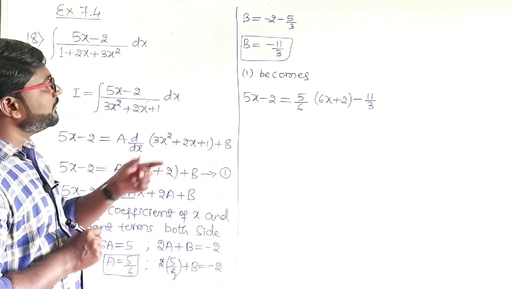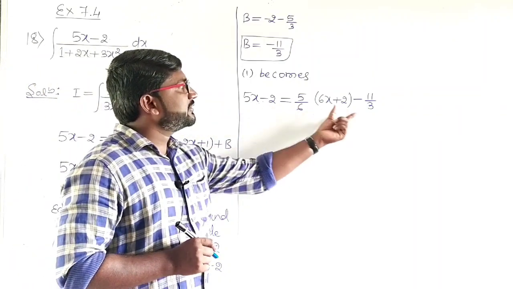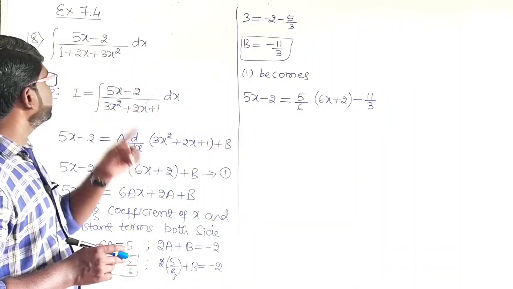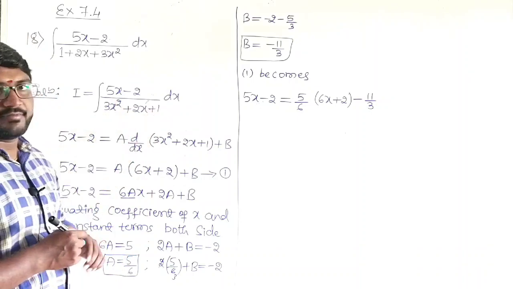Now to the LHS and to the RHS, I divide by 3x square plus 2x plus 1.